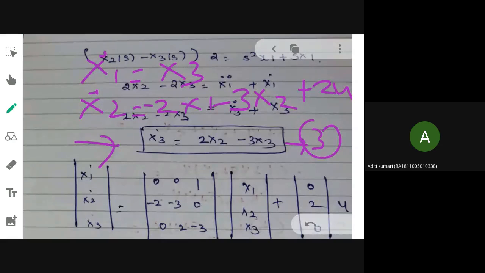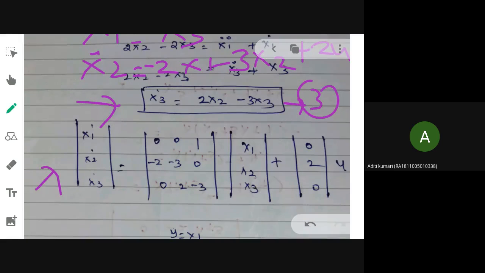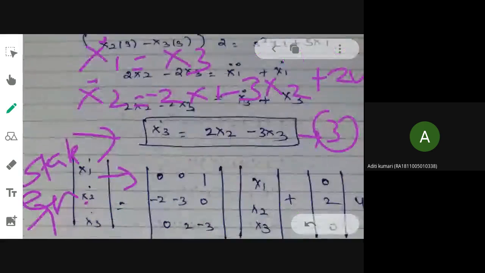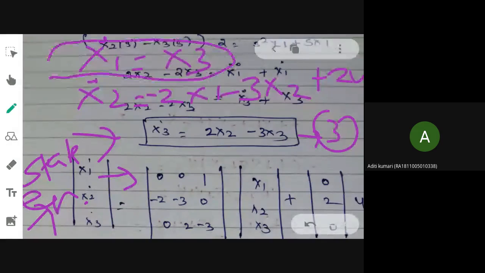So how will you determine it? This is your state equation, in the x dot equals Ax plus Bu format. While you are writing the x1 dot equation, what is the coefficient of x1, x2, x3?